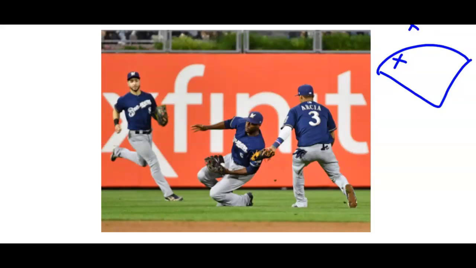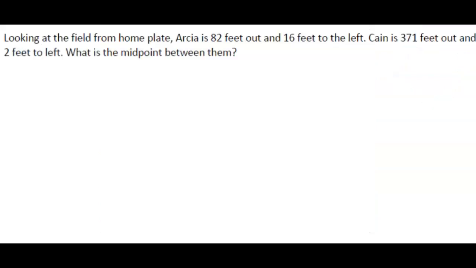And we're going to look at some baseball. Why not? Baseball rocks, right? Okay, so looking at some baseball. If I'm looking out the field from home plate, Arcia, he used to be on the Brewers, was 82 feet out. So here's the ball diamond. Okay, here I am on home plate.